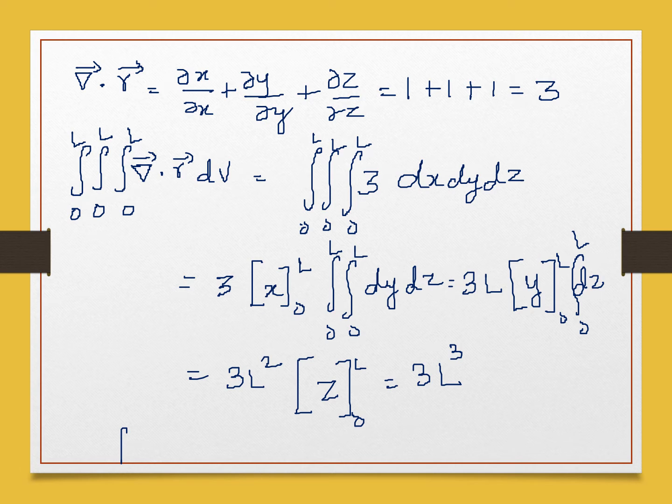So the surface integral of R vector for a cube is nothing but 3L cubed. That is our answer.